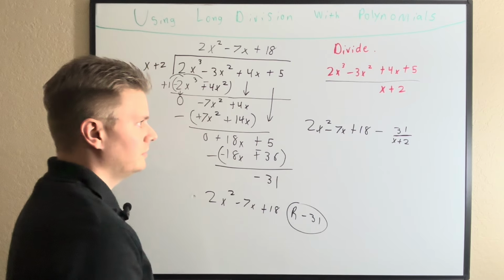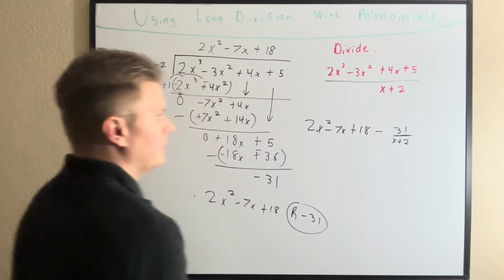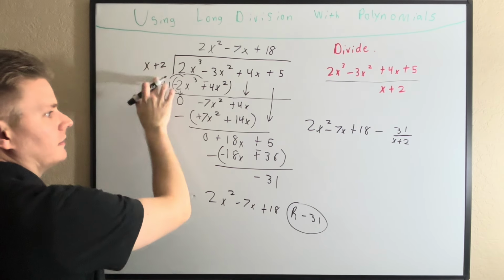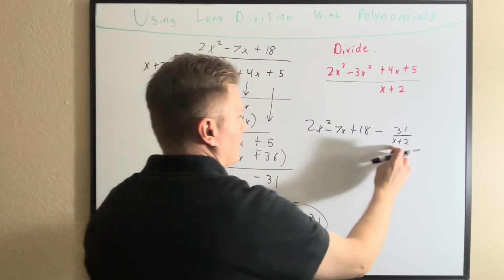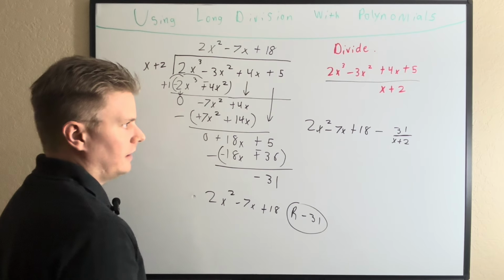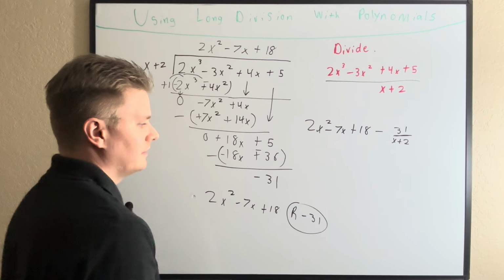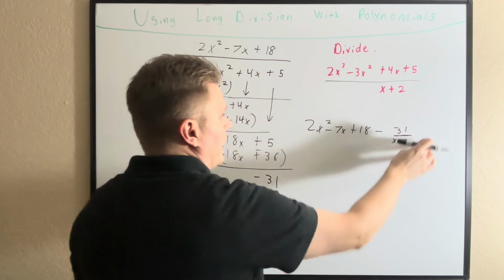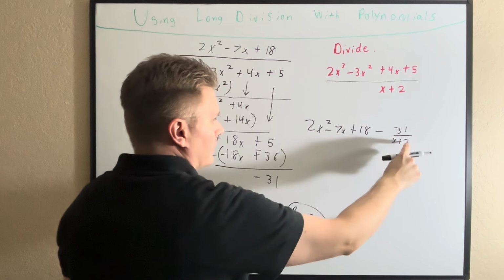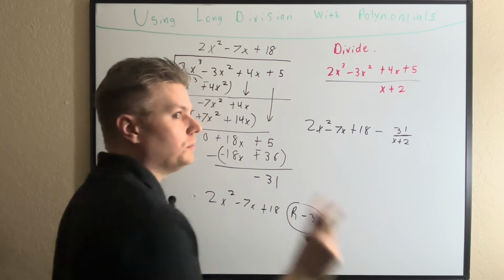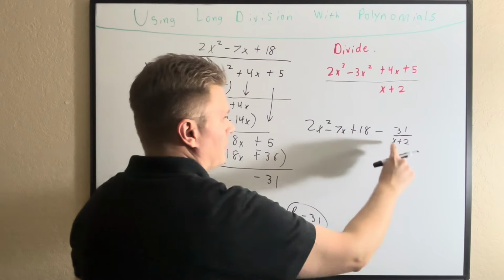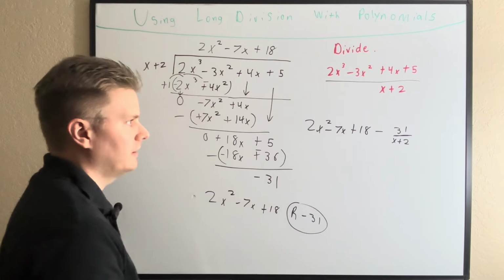Isn't that what you do when you're doing long division? You have a remainder. You take that denominator and put it in the denominator because it is the denominator. It's a fraction of this whole number that is represented by that polynomial there.